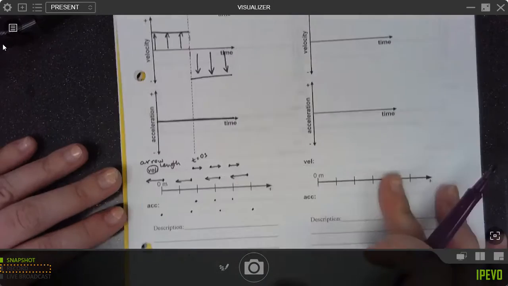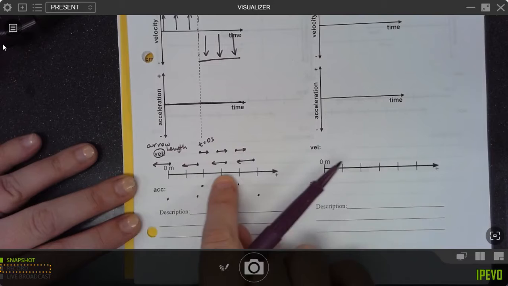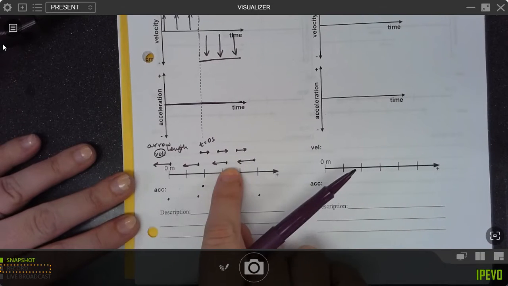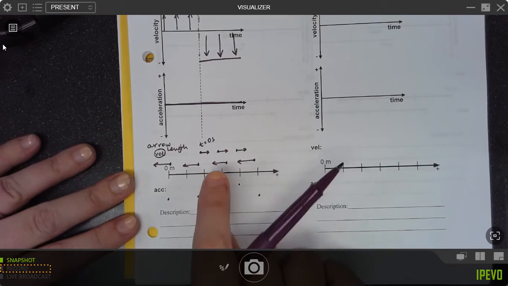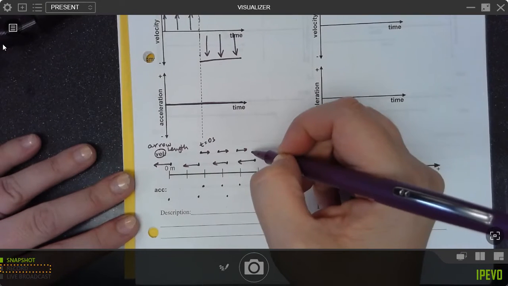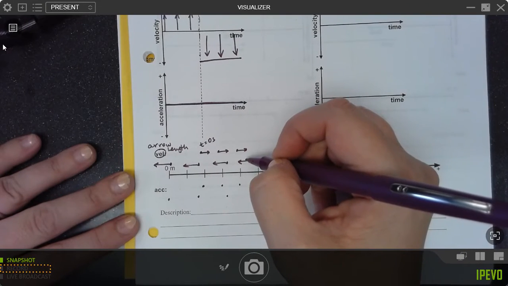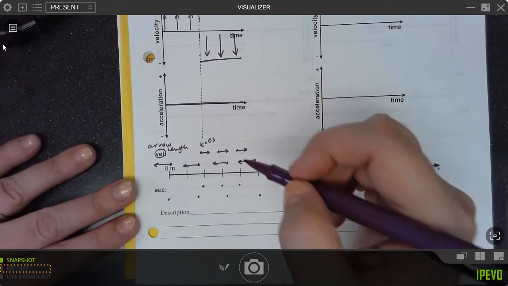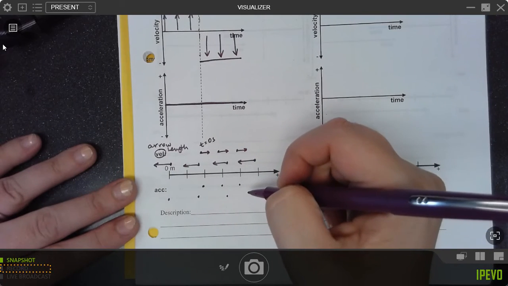The axis on this is meters. The arrows are the velocity, so the dots are the position. The arrows on the velocity motion map are telling us about the velocity, and the arrows on the acceleration one will tell us about acceleration.